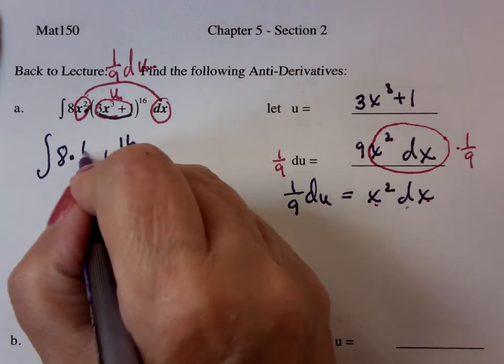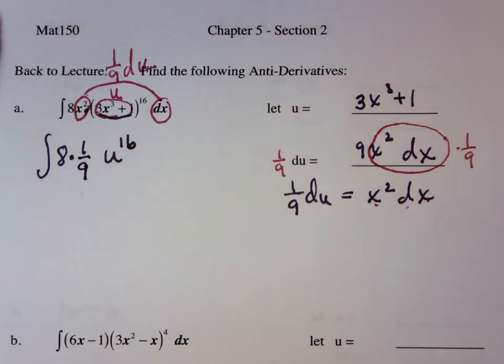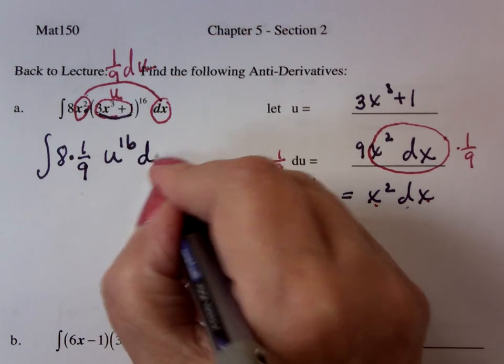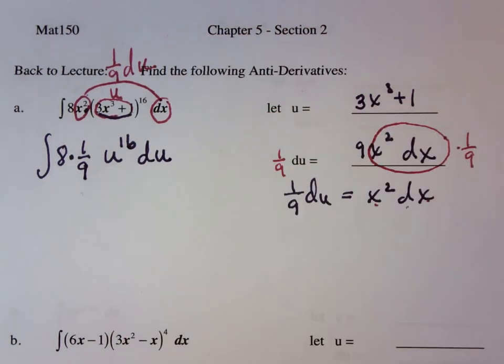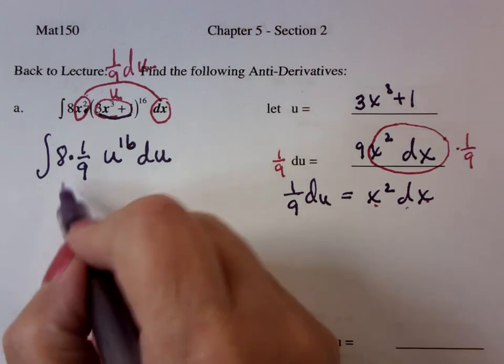So the 1/9 goes where the other constant is, and the du is the variable of integration. It goes at the end. So now I ask myself the question, is it a basic? Yeah, it's the anti-power rule.